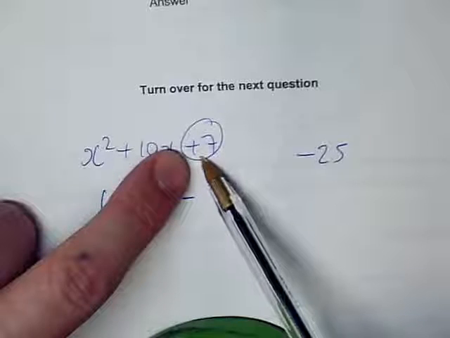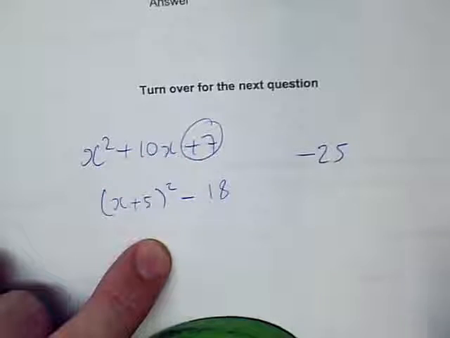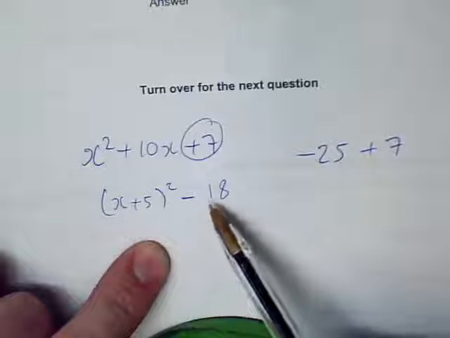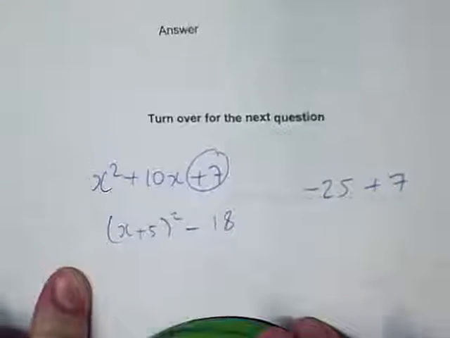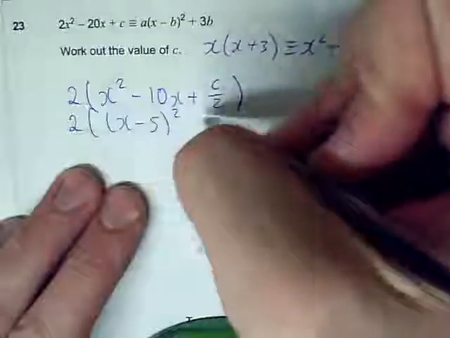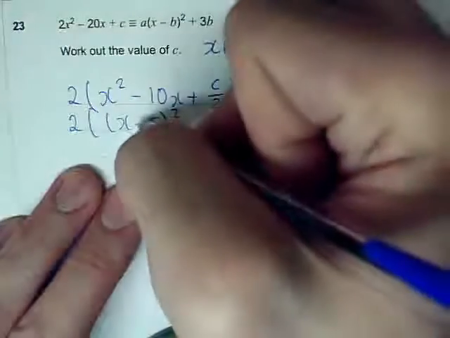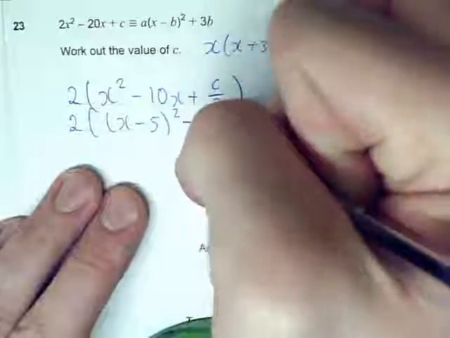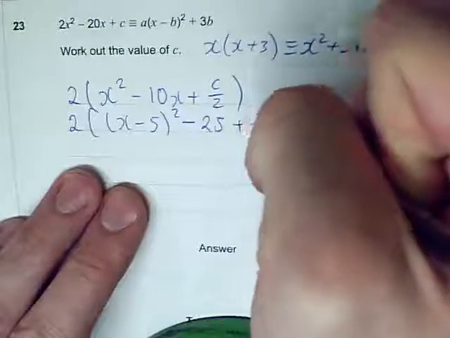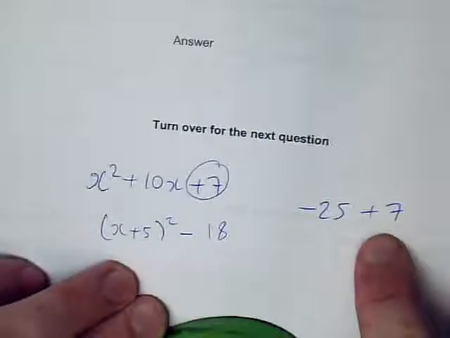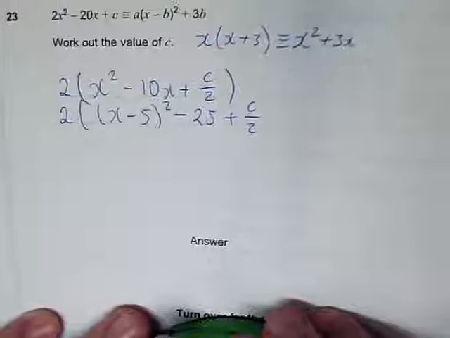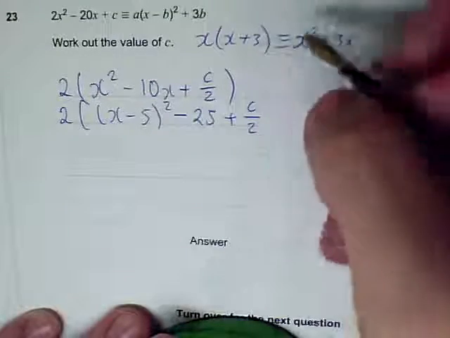So if I wanted to have the plus 7 on the end, I would then need to add on the 7. And minus 25 add on 7 gives me minus 18. So applying that same approach up here, which I'll need to do because I don't know what this value is, I know that gives me plus 25. If I take away the 25 to take me to 0, and then add on the c over 2, just like I've added on the 7 here, it will then help me work out what this bit's going to be.